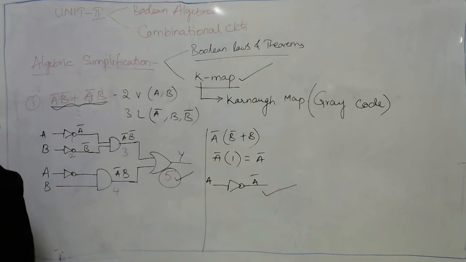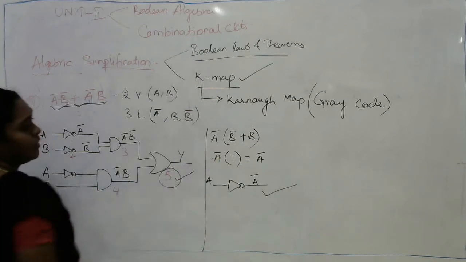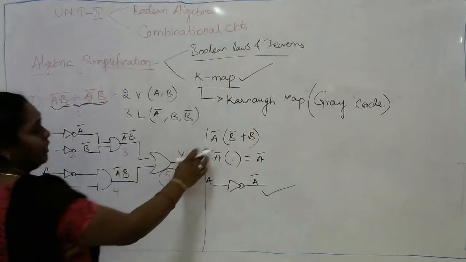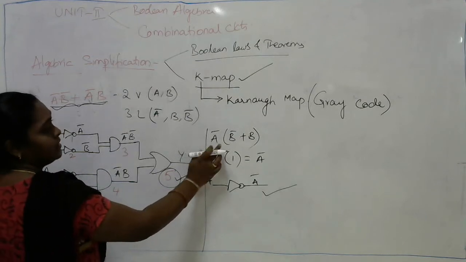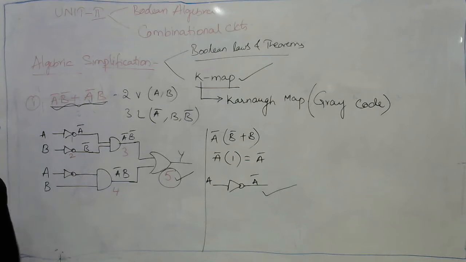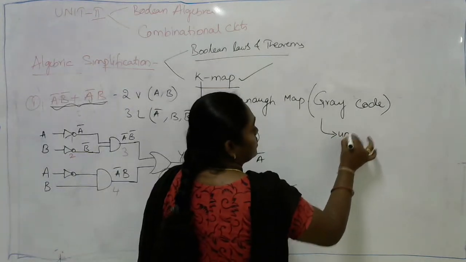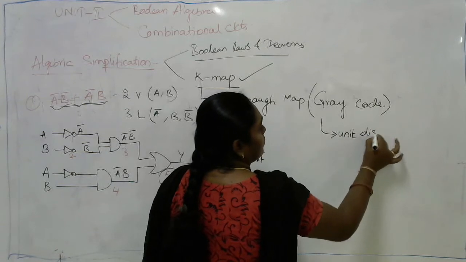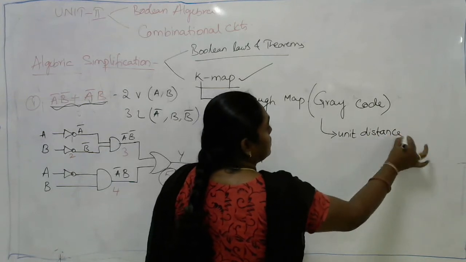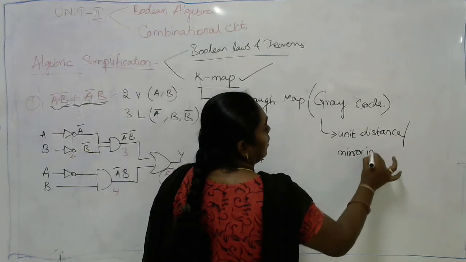Why we use only the gray code in a Karnaugh map is, in the example, whenever I do the simplification, I take a common variable which is common to both the min terms. As we know, gray code is also called unit distance code, as well as mirror image code or self complementing code.